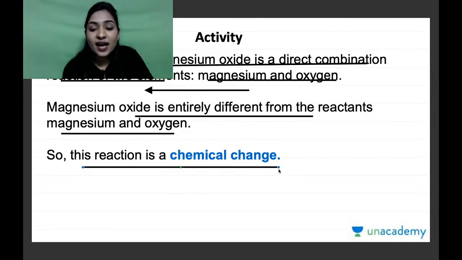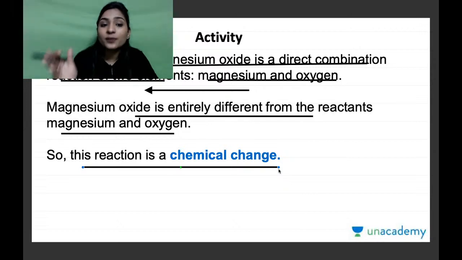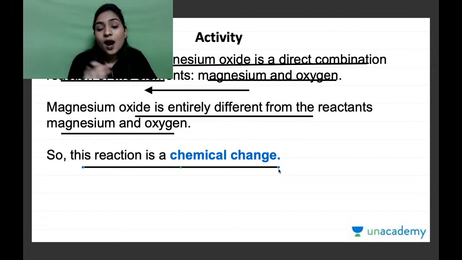So if I ask you, why is this reaction a chemical change? Why is formation of magnesium oxide from the metal magnesium a chemical change? What will you tell me?